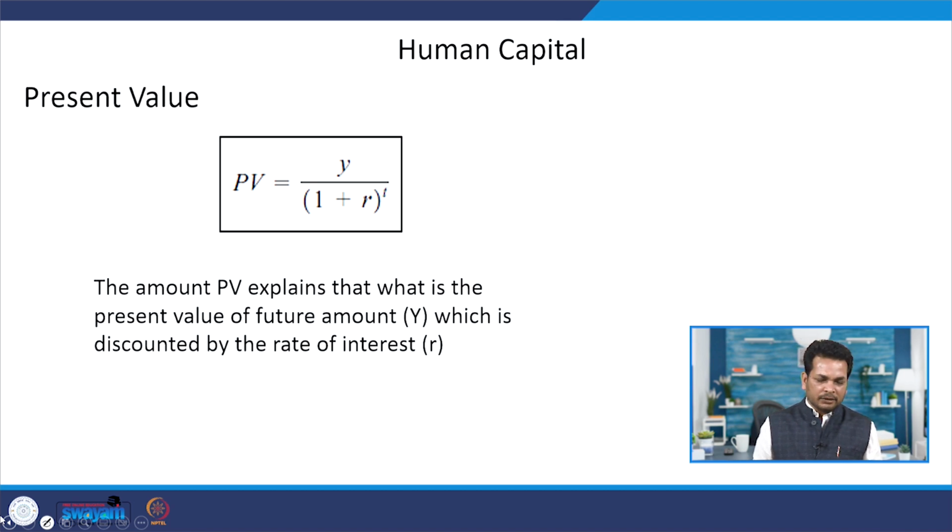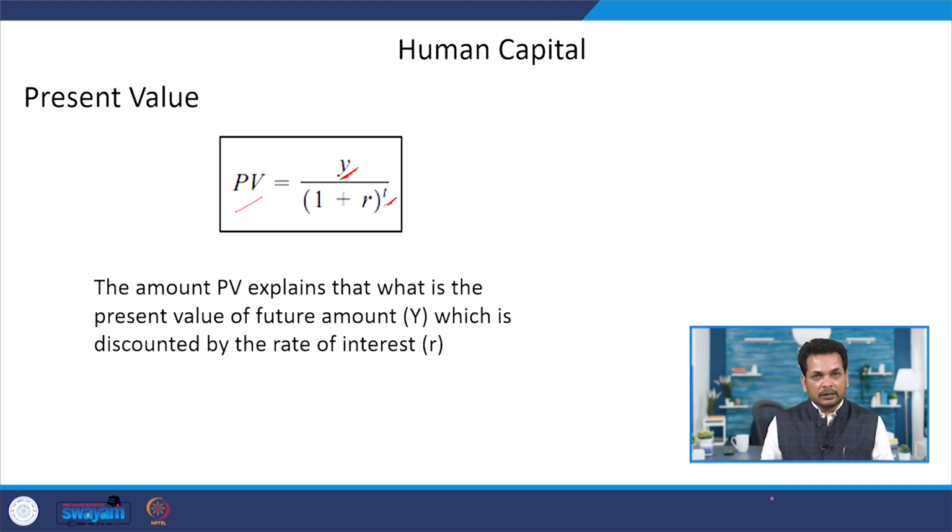Here the formula is given for the present value of this future amount Y. The present value equals the future amount divided by (1 plus r) to the power t, where r is the rate of interest or the discount rate, and t is the number of time periods, so t ranges from 1 to n.